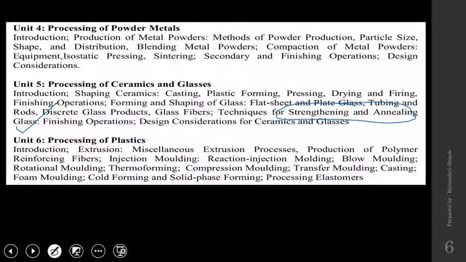Tempering is the process that increases the strength of the glass, right? Similar to tempering, there are some additional techniques that we are going to study here: the techniques for strengthening and annealing of the glass.